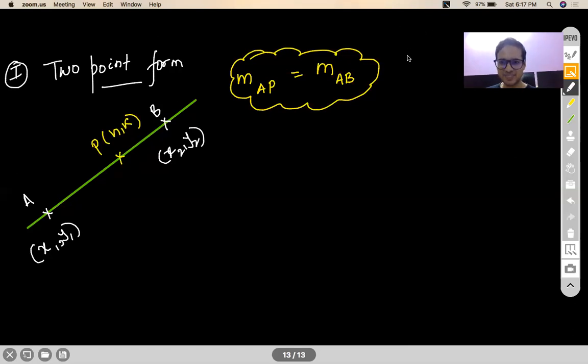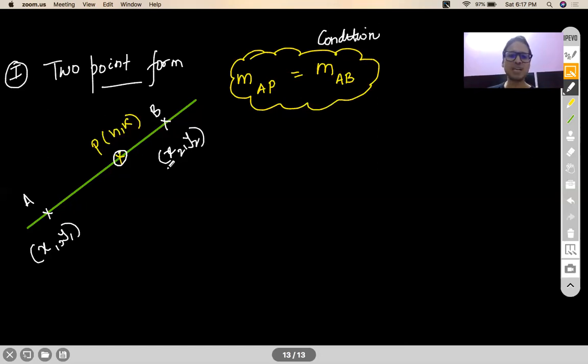Idea clear? Okay, I'll repeat once again, Anurag. So this line connecting A and B would be the locus of a point P such that the slope of AP and the slope of BP, or let's say the slope of AB, would both be the same, isn't it? This is the condition which I have written on your screen.